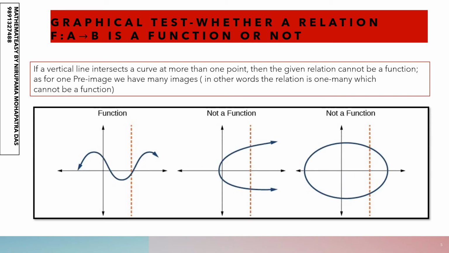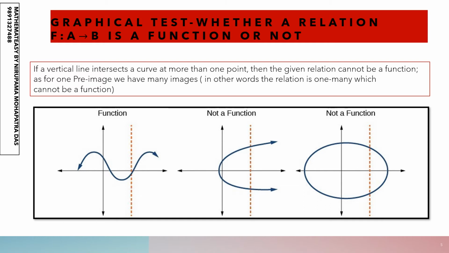Whenever you have a relation in which every element of A is associated with a unique element of B, only then can you say the relation R from A to B is called a function or mapping from A to B. Suppose x1, x2 belong to A. If x1 is associated with y1 and also with y2, that is, with more than one element of B, then that cannot be a function.